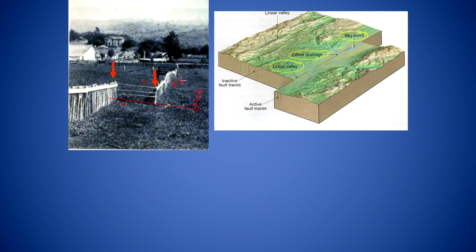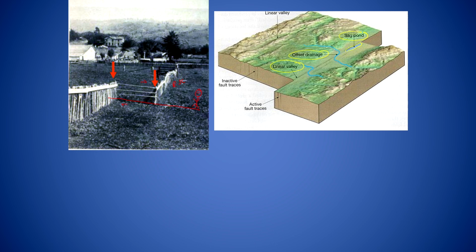You will be able to see a formation of ponds along the strike slip faults. And streams, if you carefully look here, there is a stream which flows through this. So you have streams which are offset because of the strike slip.